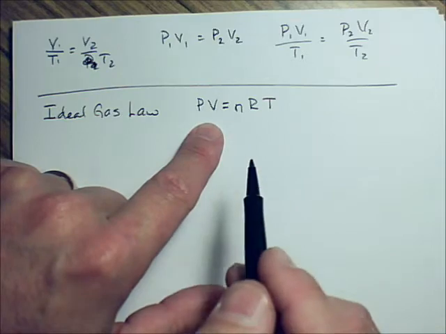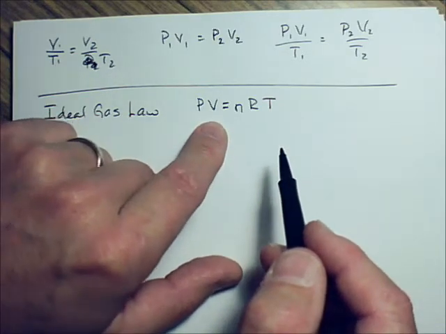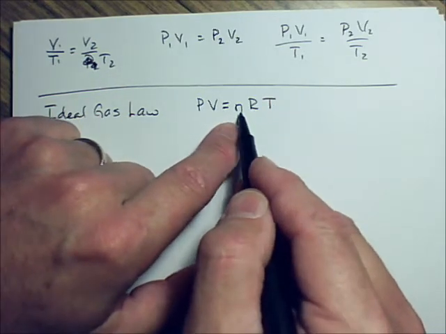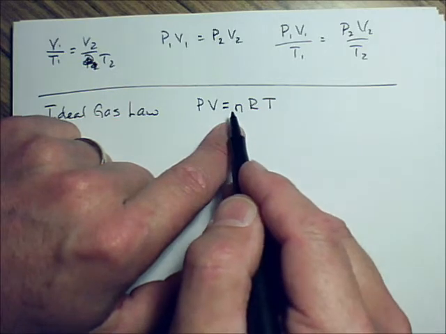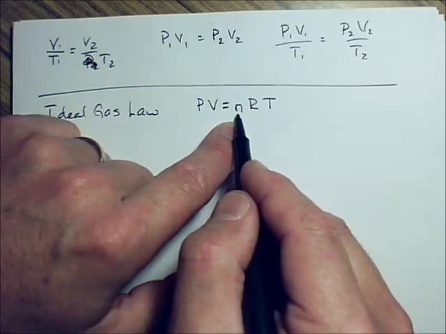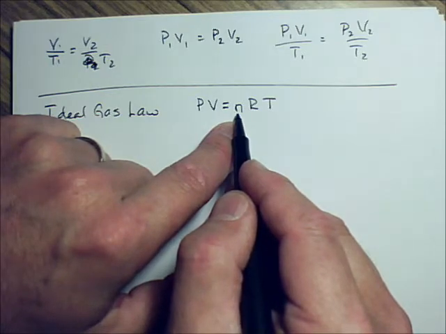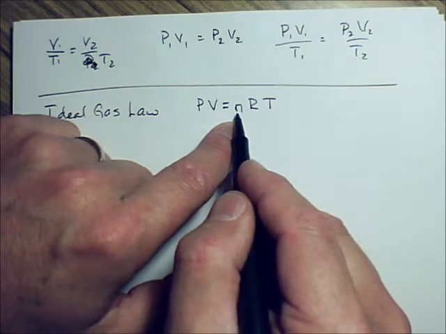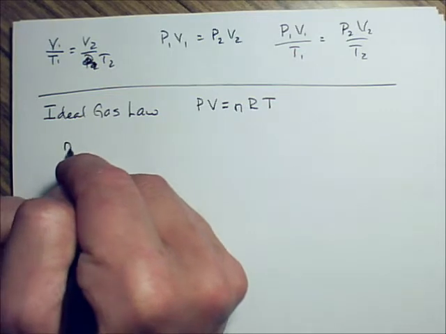Kelvin. Temperature always has to be in Kelvin for gas law problems. Okay? So these two variables right here are new things maybe. Okay? n means the amount of gas.